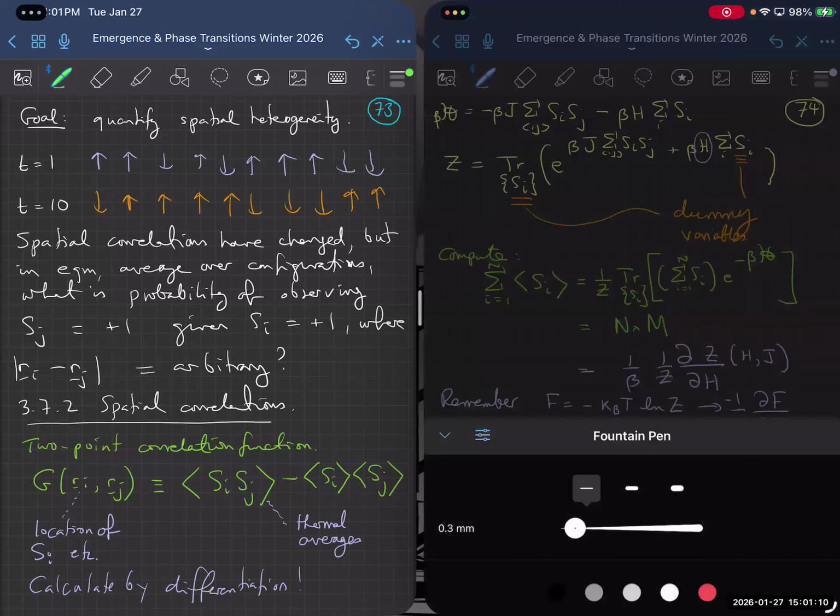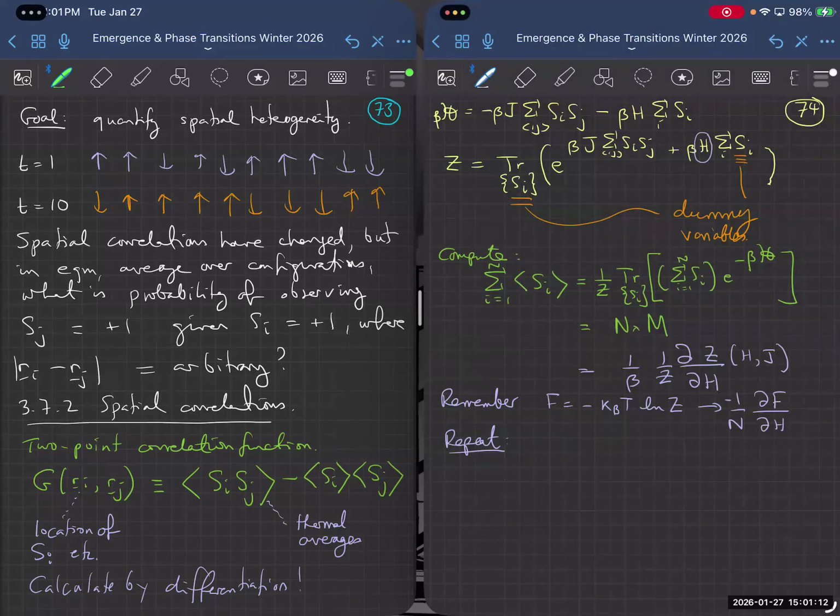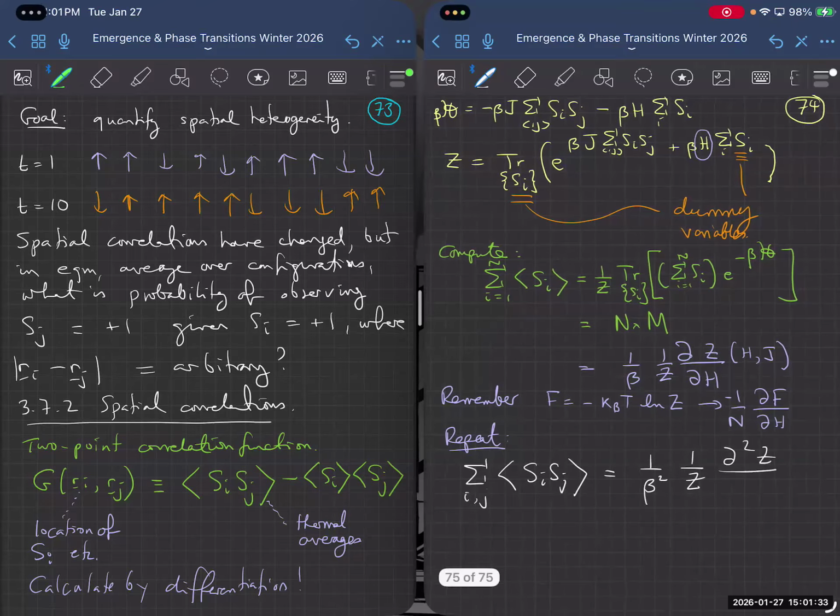So I'm now going to repeat this, I'm going to bring down two factors of i and j. So what I would get is the sum over i, the sum over j, S_i S_j, and that thing is equal to 1 over beta squared, 1 over Z, d2Z by dh squared.